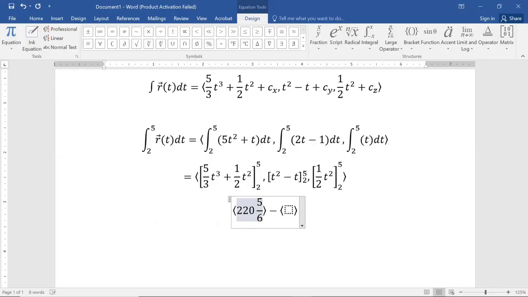That's my x component. When I plug in 5 here, I get 25 minus 5, so I get a 20. And when I plug in 5 here, I get 1/2 of 25, which is 12.5. I'll just write 12.5.